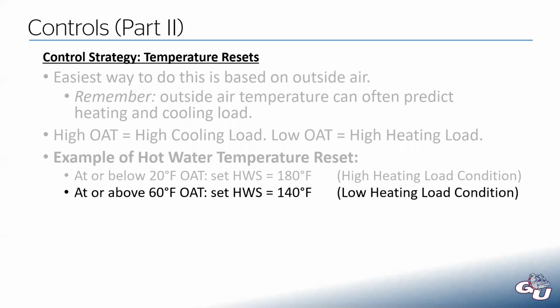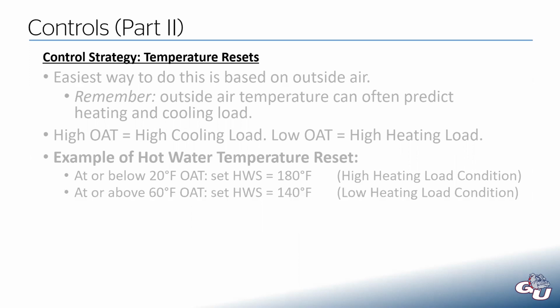And then if I'm at or above 60 degrees outside air temp, I set my hot water supply to 140 degrees, which would be my low heating load condition. So it's pretty warm outside at 60 degrees, or moderately cold, however you want to think about it, and so we don't need as warm of water to heat our building. So those are the limits.